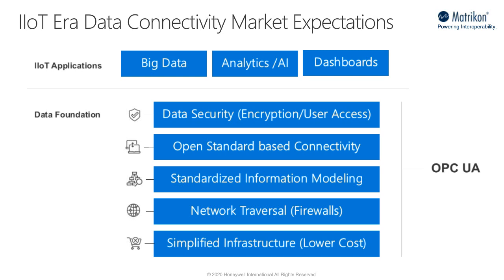Right? So here I've listed a few of the key highlights that are required of a proper data foundation for the applications that get built on top of it, the real shiny things that show up in the news, where people talk about artificial intelligence and machine learning and using humongous amounts of data in the cloud to do analytics.